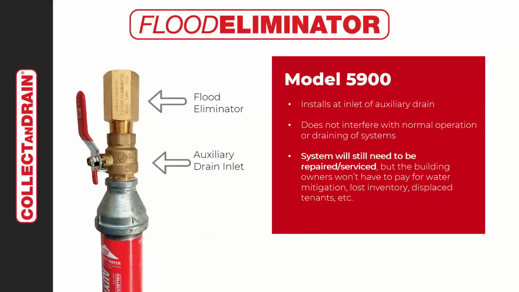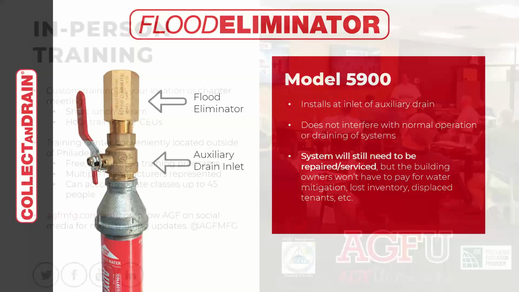In the event of a freezing and breaking condition on your system, which would cause the system to flood, these units will slam closed and prevent the catastrophic flooding like we saw on the news. If there's any freezing and breaking downstream of this product, the water velocity and the loss of air pressure below the product will keep the item closed. Once the system pressure is reestablished, this unit will spring back open and act like a standard collect and drain valve. That's our Flood Eliminator.